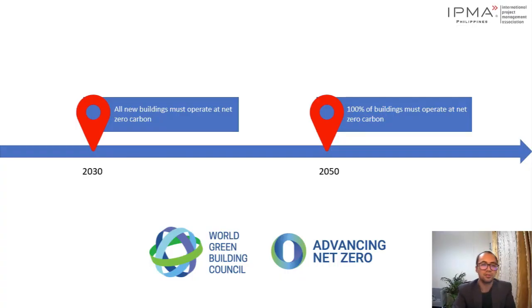So for the built environment, we need to reach net zero emissions and decarbonize our building sector. The goal is for all new buildings to operate at net zero by 2030, and all existing buildings must operate at net zero carbon. This is according to the World Green Building Council for their program, the Advancing Net Zero.